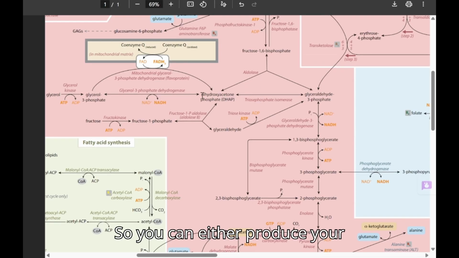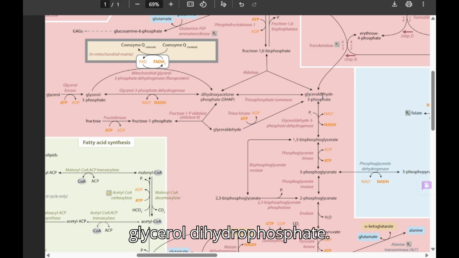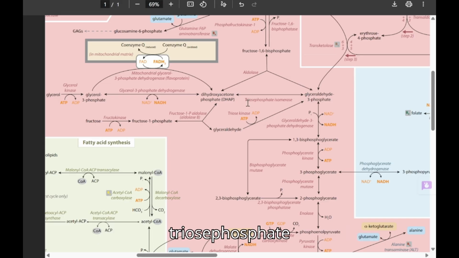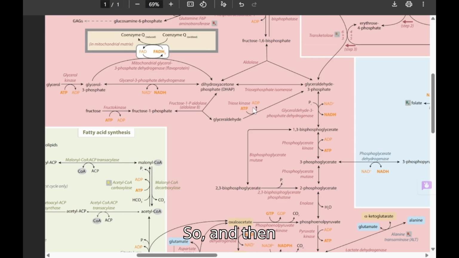So you can produce either dihydroxyacetone phosphate or glyceraldehyde 3-phosphate. When you produce one of these products, you can utilize triosephosphate isomerase to convert it into the other product that we see over here. And again, this particular conversion process is reversible.